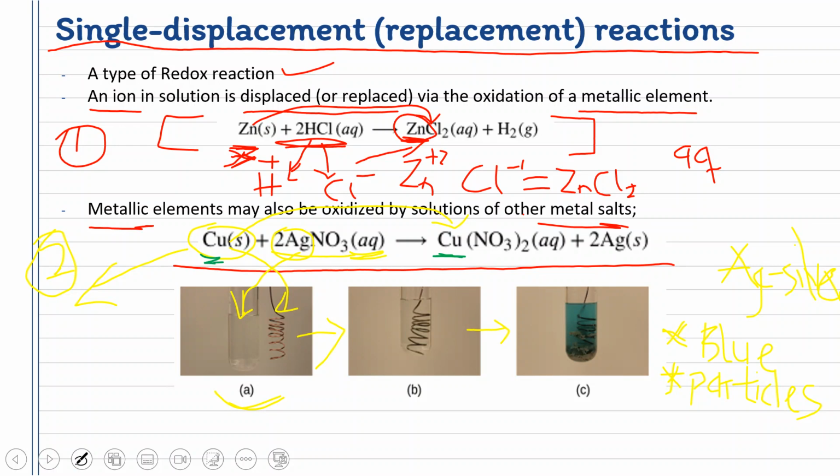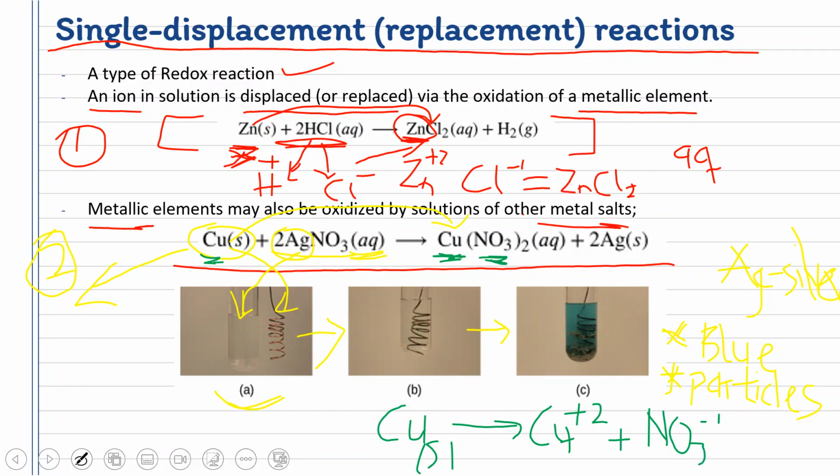This time copper is here, but copper is combining with nitrate. The only way that can be possible is that the oxidation state for copper changed. So copper was just copper as a solid. If you look at the half reaction, you realize that copper had to become Cu2+ to react with nitrate, NO3-.